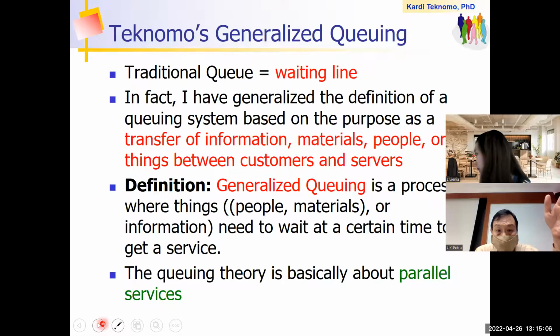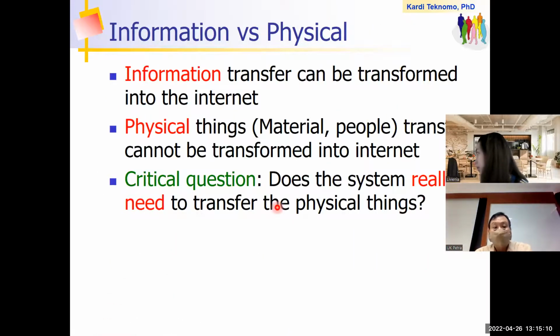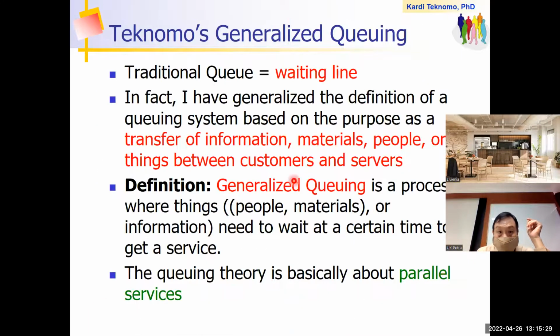I think we have discussed this earlier, so I just skip. Here it is. The technique is simple. You need to separate the physical things that you want to transfer and the information that you want to transfer. Remember, in my generalized queuing definition, it's a process where things need to wait for certain times to get the service.